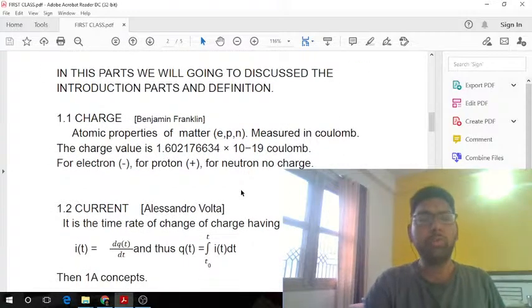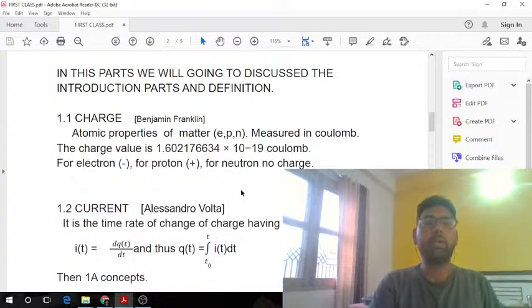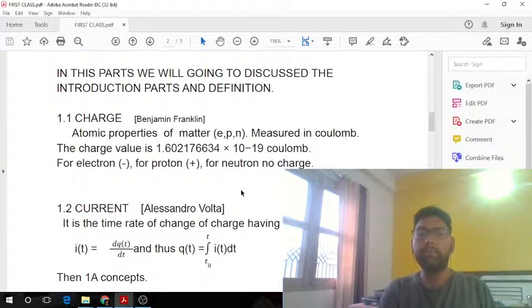Now I am going to start with just the basic part, that is the charge. Charge is a concept. It is given by Benjamin Franklin. In 11th and 12th class we have covered that part.